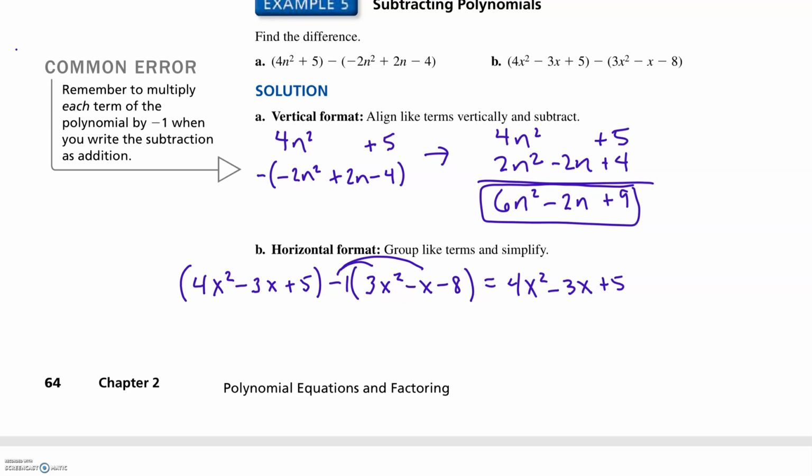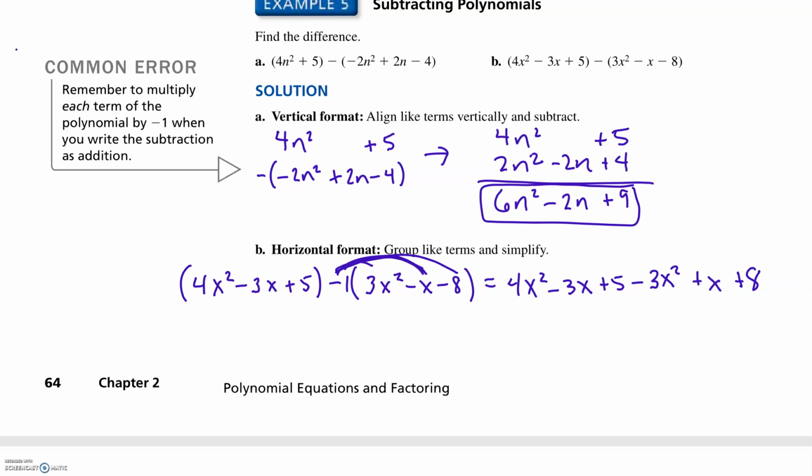Like there's a negative 1 sitting there, and I have to multiply everything inside by negative 1. So negative 1 times 3x squared is negative 3x squared. Negative 1 times negative x, that's this one right here. Negative times negative is positive. Multiplying by 1 doesn't change values. Negative 1 times negative 8 is positive 8.